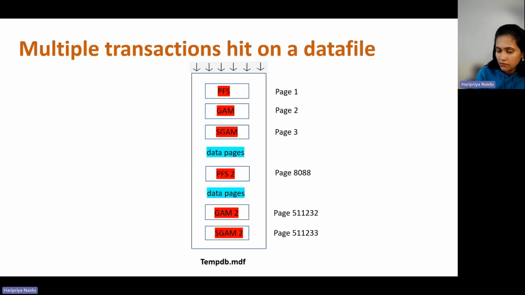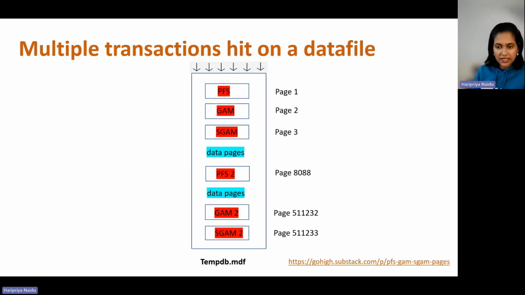If you see this picture, let's call it tempdb.mdf, you see how all those operations are hitting the data file to get a latch onto PFS, GAM, and SGAM, and that's causing contention. In one data file, you can also have multiple PFS, GAM, and SGAM pages. I could talk for hours about those three internal pages, but that's not the scope of the topic today.